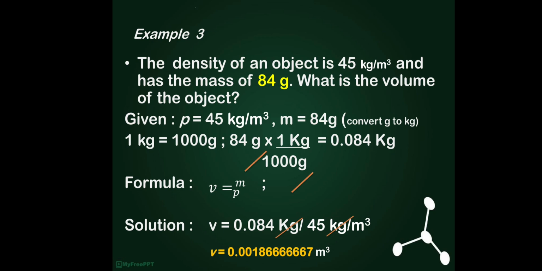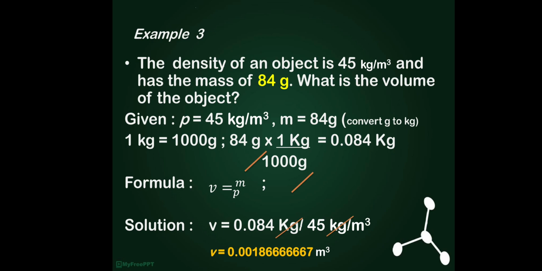As I've said, cancel the same unit. Since kilogram is the same, we cancel it. Then cubic meter is the unit that will remain. So the answer would be volume equals 0.001866667 cubic meter. So you have to write it all, okay?